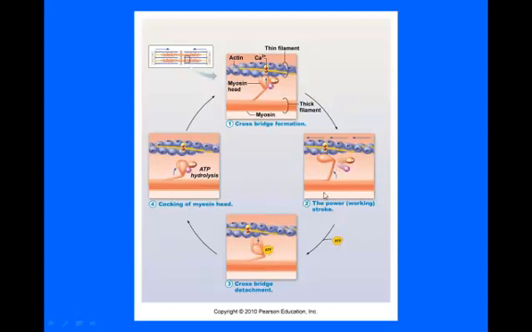To let go and contract again, it needs a new ATP molecule. If there is a new ATP, then it just repeats the whole process over and over again. If there's not a new ATP molecule, then you end up with minor things like writer's cramp, where your hand cramps up because there's not enough ATP, or major things like rigor mortis.